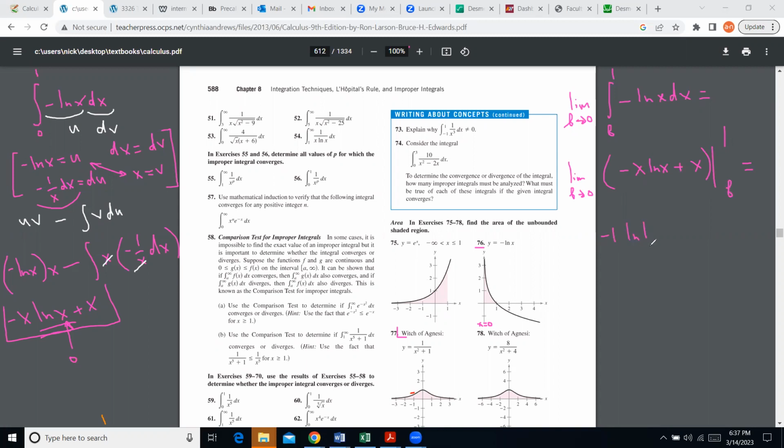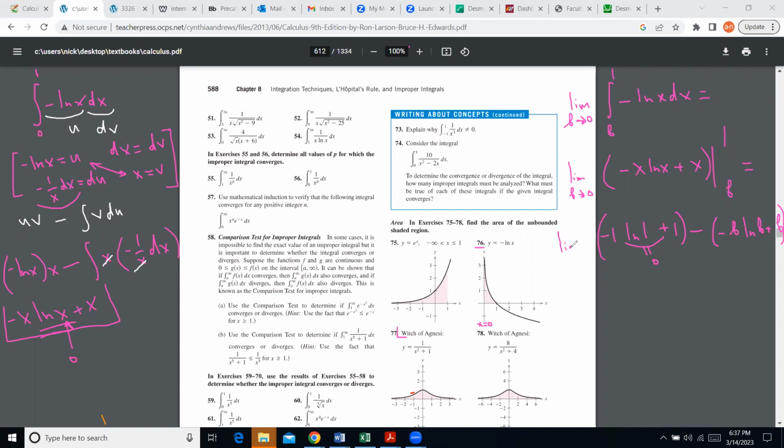So ln 1 is here, that is 0, plus 1, that's my upper value, minus, and then at the lower value, we get b ln of b, and then plus x, which is b once again, right?